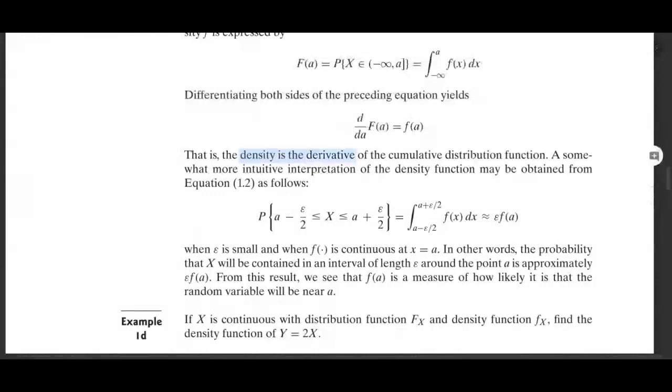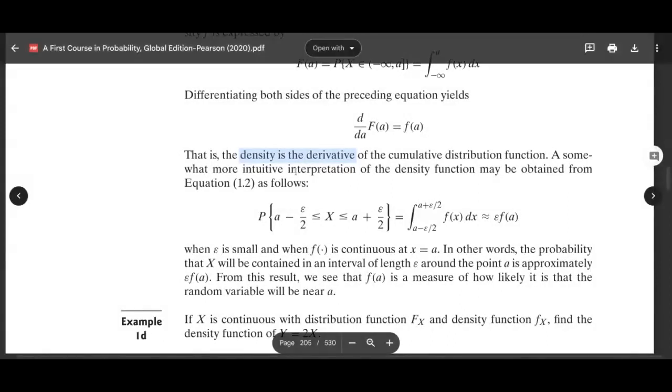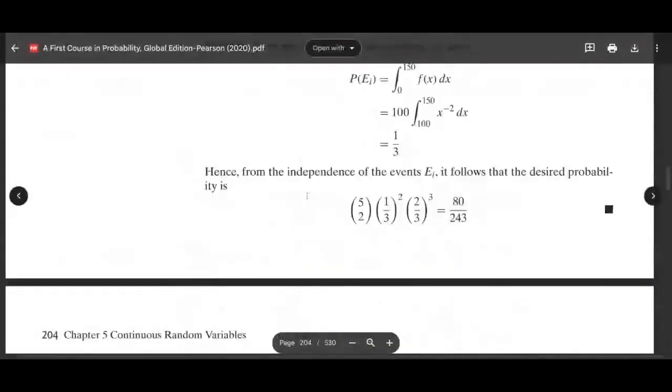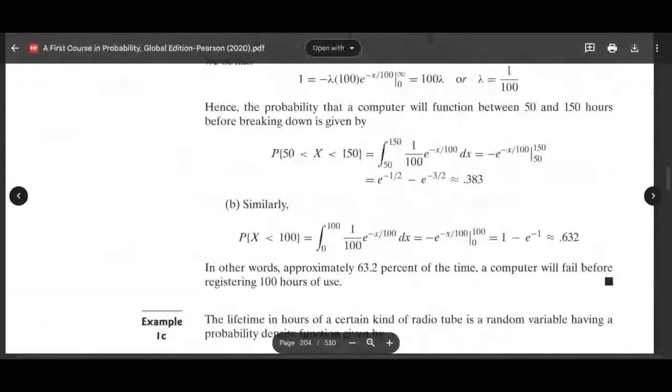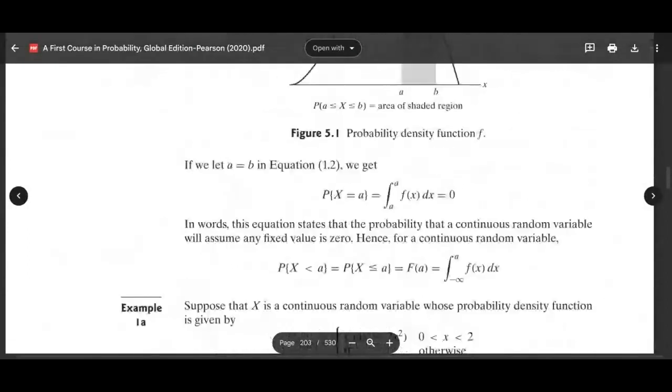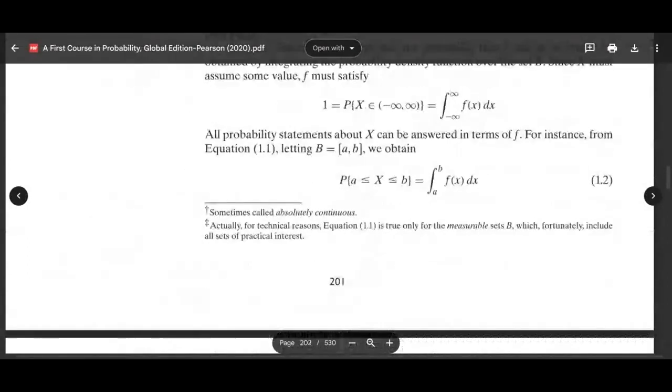A somewhat more intuitive interpretation of the density function may be obtained from this. Just want to show you 1.2 again here.